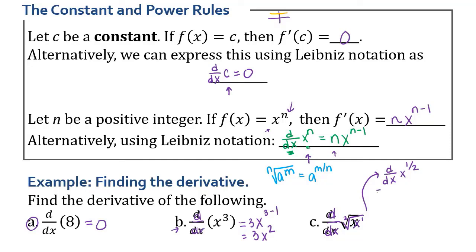Okay, so now if I apply this power rule, that 1/2 goes in front, because the power rule says if you're taking the derivative of something to a power, you move that power in front, and then you subtract 1 from the power. So that's going to be 1/2 times x to the 1/2 minus 1, which gives me 1 over 2 times x to the negative 1/2.